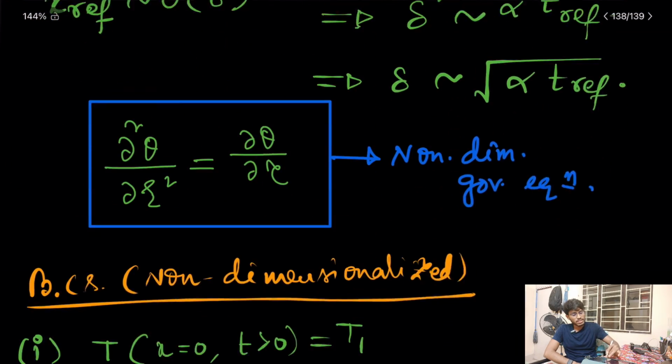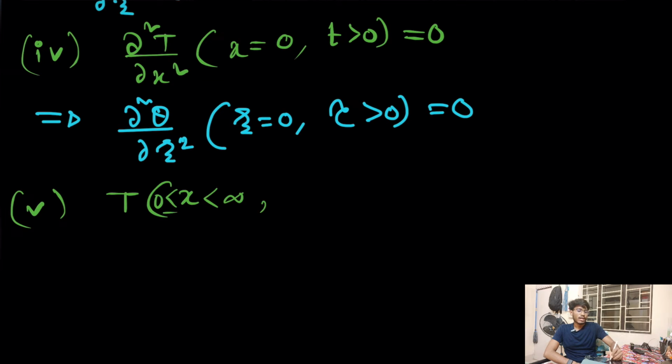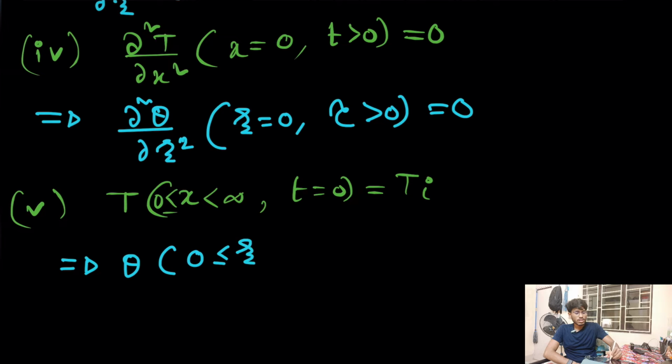I missed the initial condition. That is T, for all x actually, and at time t equal to 0 I was having Ti, right? So this equation will also be a homogeneous equation: theta at tau equal to 0 is equal to 0.